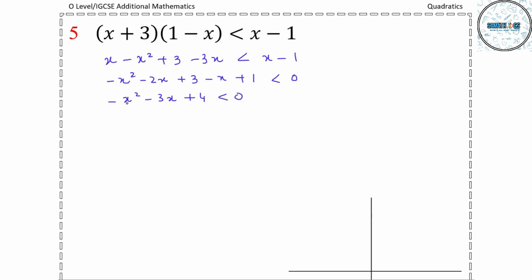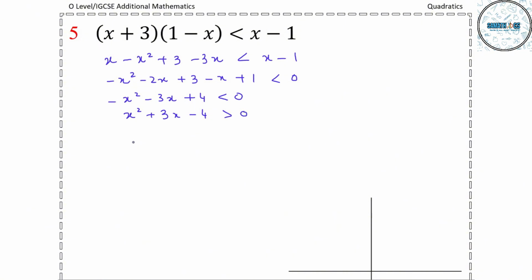To make this x squared positive, we have to multiply the whole inequality by negative 1. And whenever we multiply an inequality by a negative number, we have to reverse the direction of the inequality. So here we will get x squared plus 3x minus 4 is greater than 0.